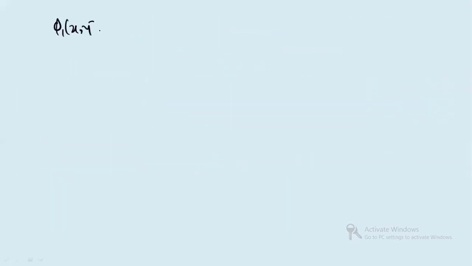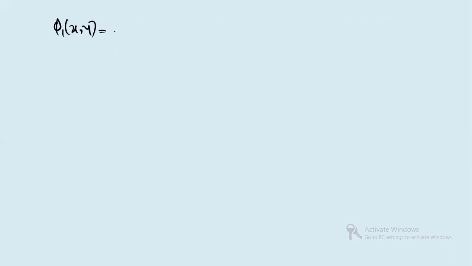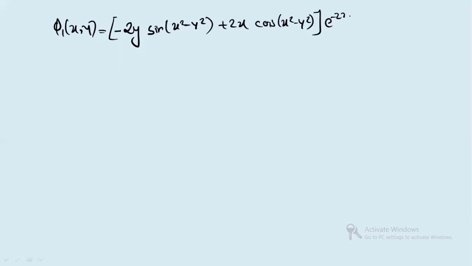Phi 1 of (x, y) is equal to, let me check, minus 2y sine (x square minus y square), and again plus 2x cos (x square minus y square), with e to the power minus 2xy common.